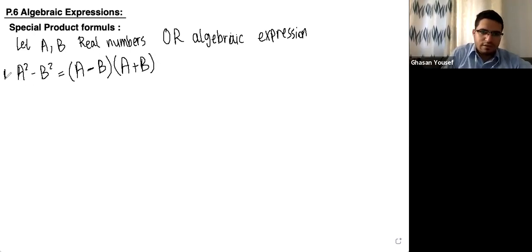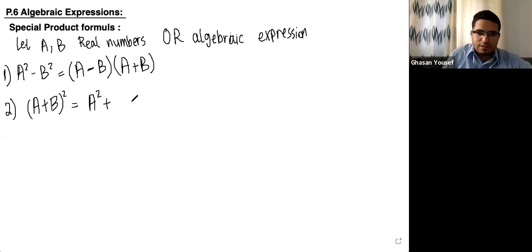This is the first formula. Second one, I can define (A plus B), everything squared. This is equal to the first term squared plus 2 times the first term times the second term, plus the second term squared.